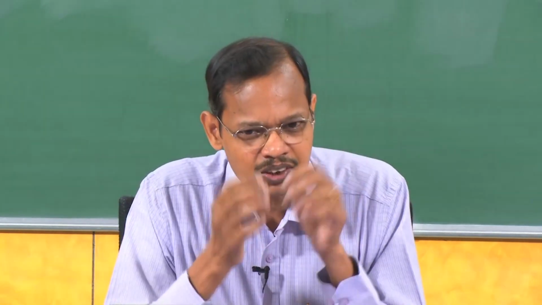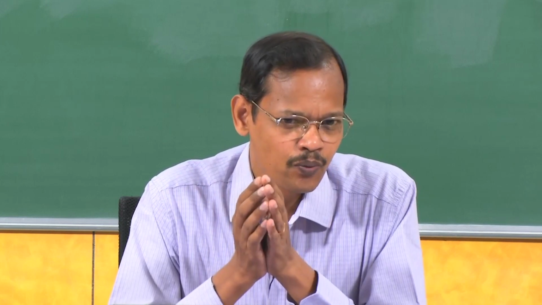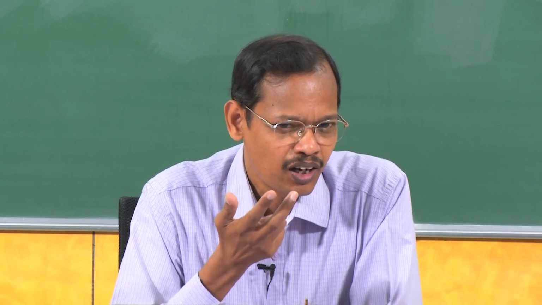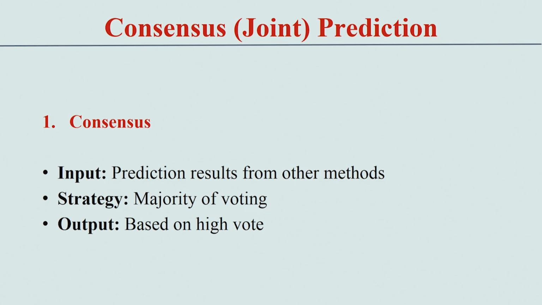So, now they try to use the consensus. For example, if you have 10-15 prediction methods, take any amino acid sequence, use different methods and predict the secondary structures, and see whether there is any tendency of different methods to predict the same residue in the same secondary structure. In this case, they take a particular sequence.